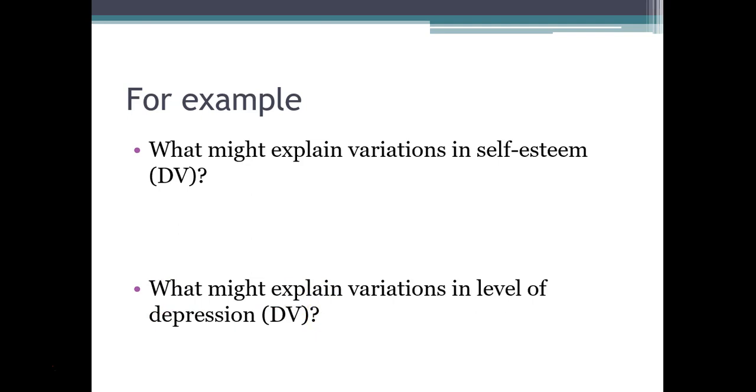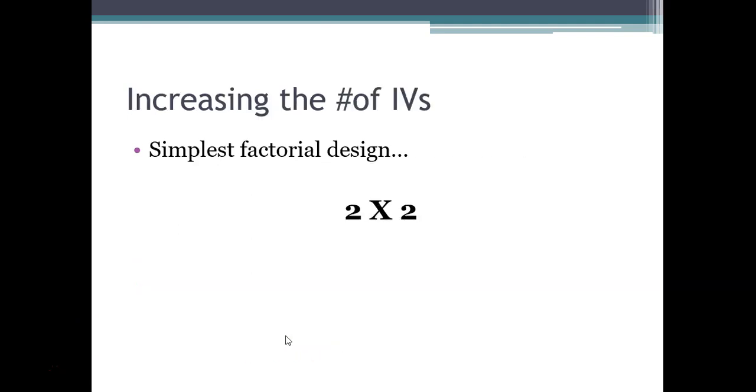So up until now, when we've had one independent variable and one dependent variable, that's a very simple study. And in reality, we often make our studies more complicated to try to make things a little bit more real world. So we might have multiple factors that we put in a research study to try to explain, in this case, the dependent variable of level of depression.